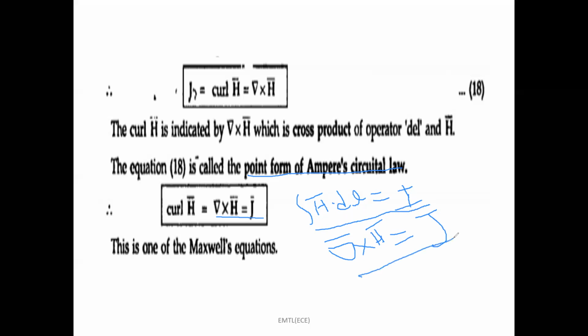And this is called the differential form of Ampere's law, or it is also known as the point form of Ampere's law. So today's class is completed.